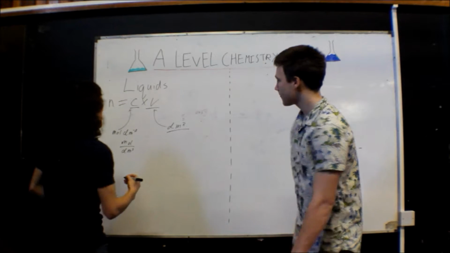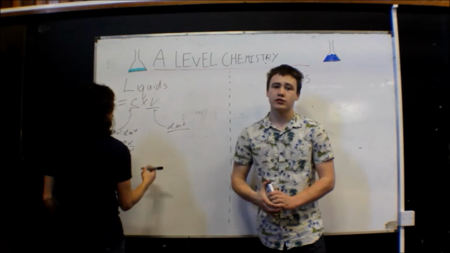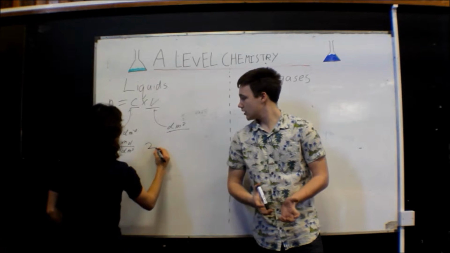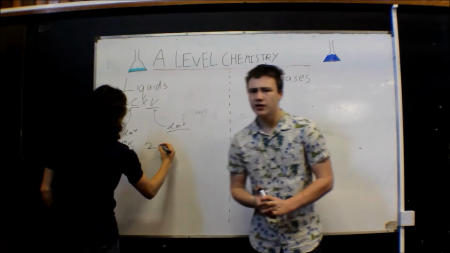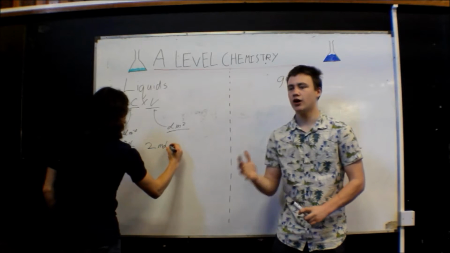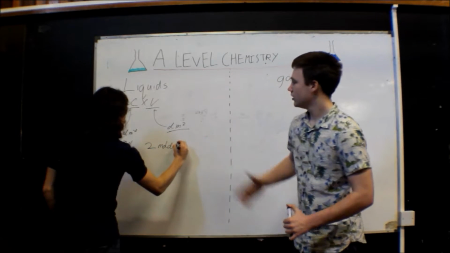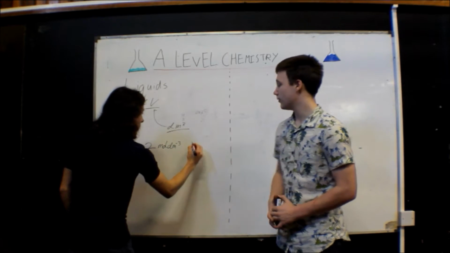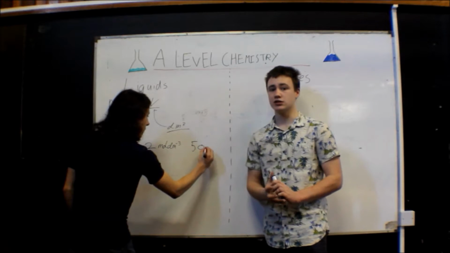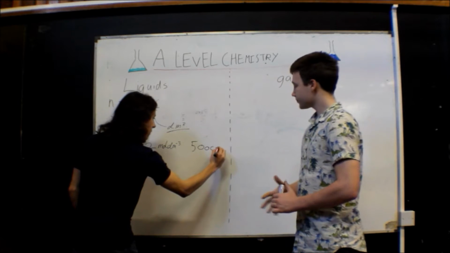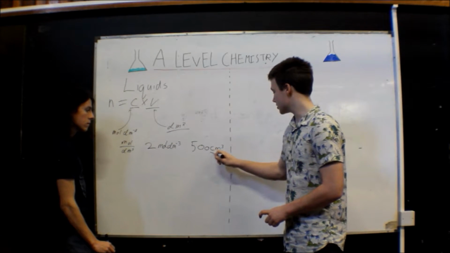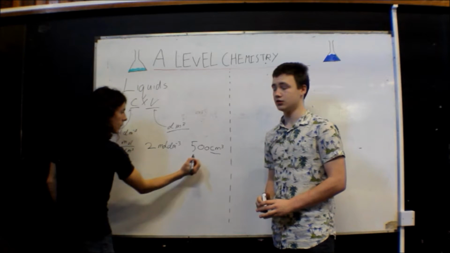So we'll go for an example now. Say we had some hydrochloric acid at a concentration of 2 moles per decimeter cubed. It's normally an acid like sulfuric acid or hydrochloric acid. They might say it has a concentration of 2 moles per decimeter cubed and a volume of 500 centimeters cubed. So the first step to answering this question is getting this centimeters cubed into decimeters cubed.